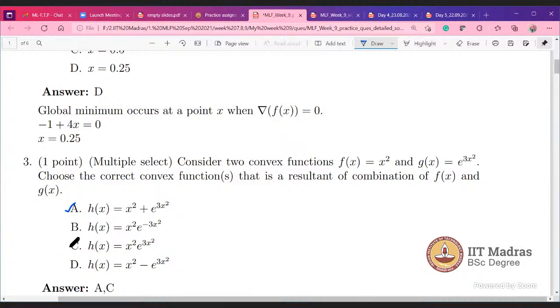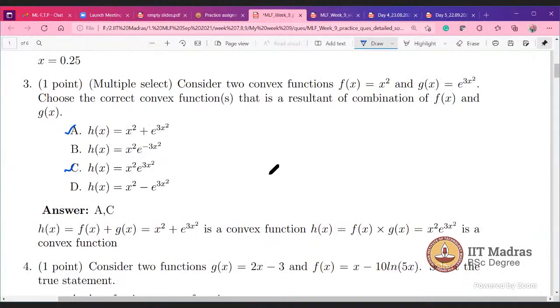We didn't cover it in the lecture, but it can be derived from first principles. So these two are convex functions. But if you divide or subtract any two convex functions, the inequality constraint will not be satisfied. That's why subtraction and division do not give you convex functions.